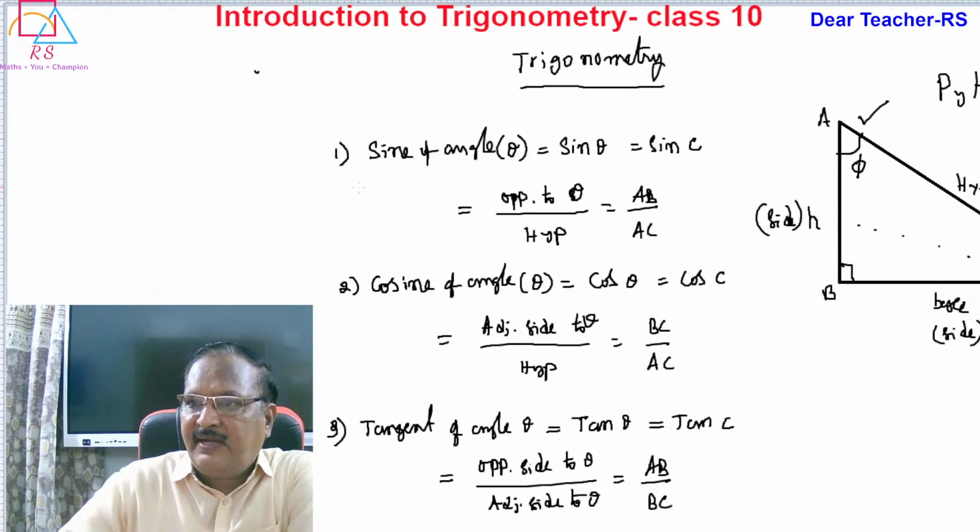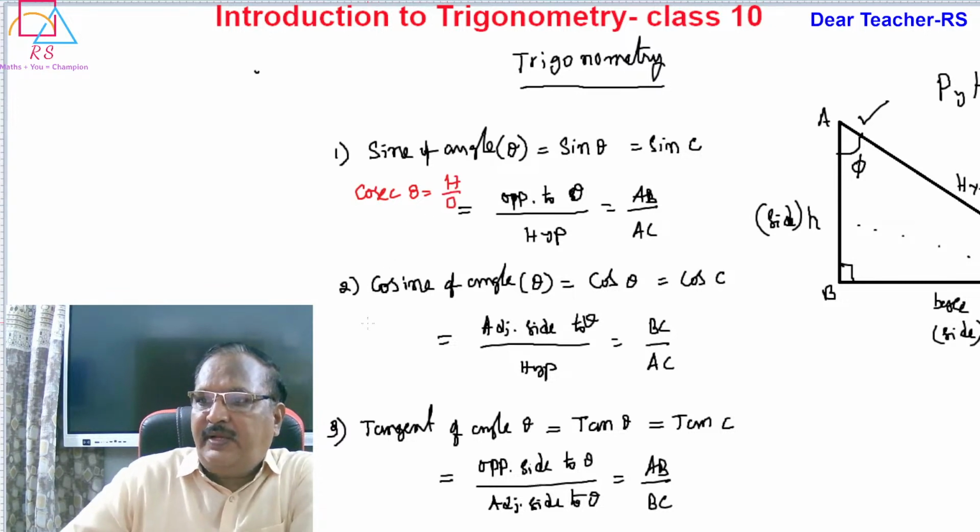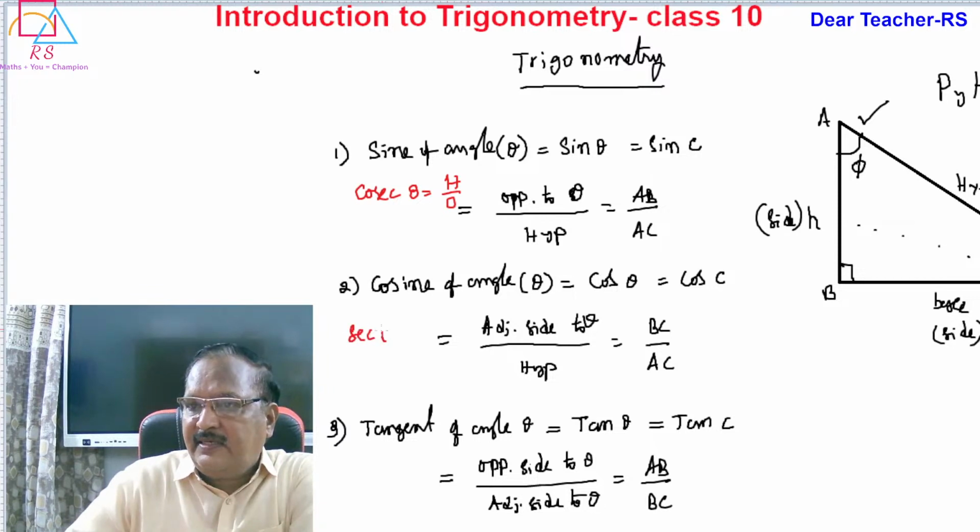I will use red color. So cosecant is the reciprocal. In simple, cosecant theta, the reciprocal of sine, means hypotenuse by opposite side. So I will write H by O. Now the cosine reciprocal is secant theta. Short form is sec, sec theta.